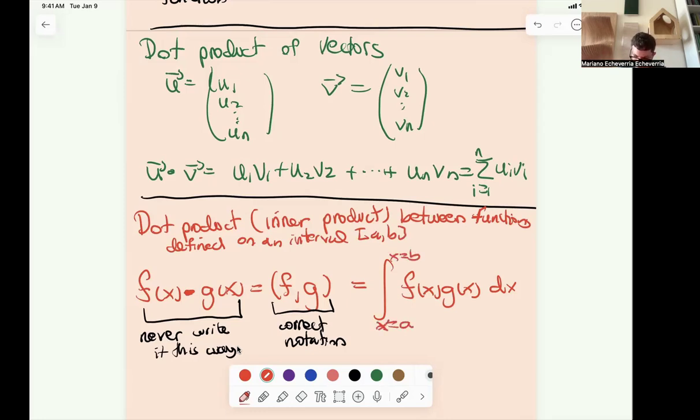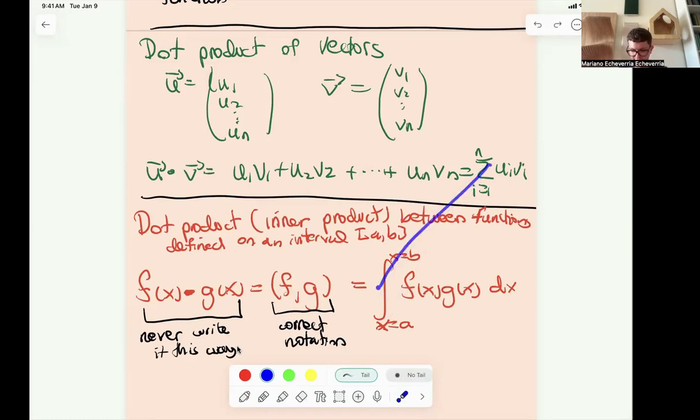If you compare this, it is a very similar formula, because the sum gets replaced with the integral, right? You have probably been told multiple times already that that's how you should think about an integral. It's a continuous version of a sum.